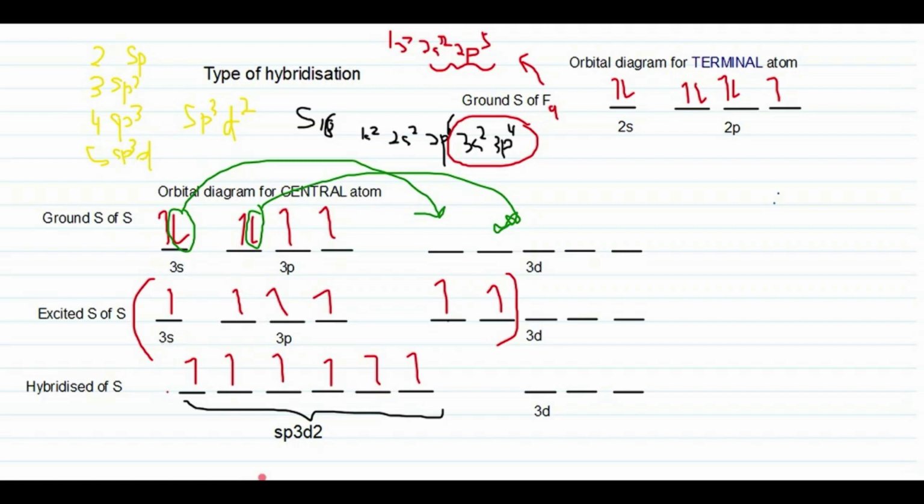That one unpaired electron will then combine with one of the sp3d2 orbitals. Since we have 6 fluorine atoms, we will have everything multiplied by 6. Every single fluorine atom will combine with each of the sp3d2 orbitals to form sigma bonding.